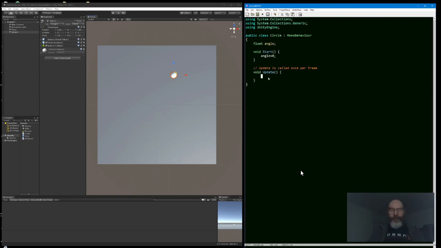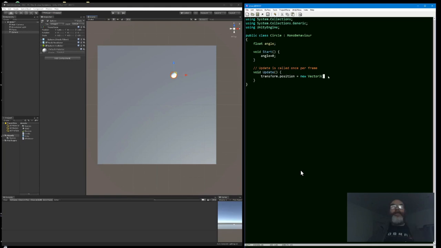And then here, what I'm going to do is transform.position equals new Vector3, and we need an x and a z, I suppose, because this is the x and this is the z. The y is coming at the screen.